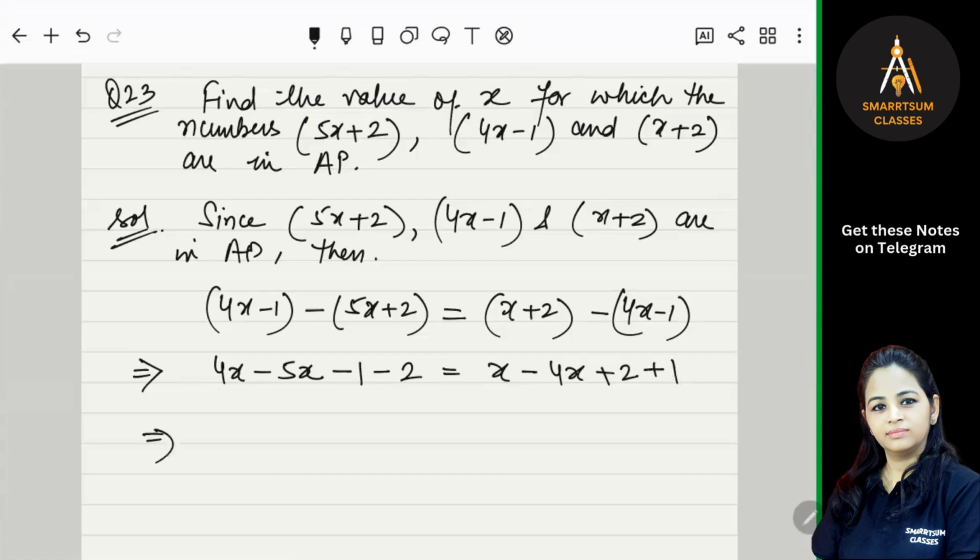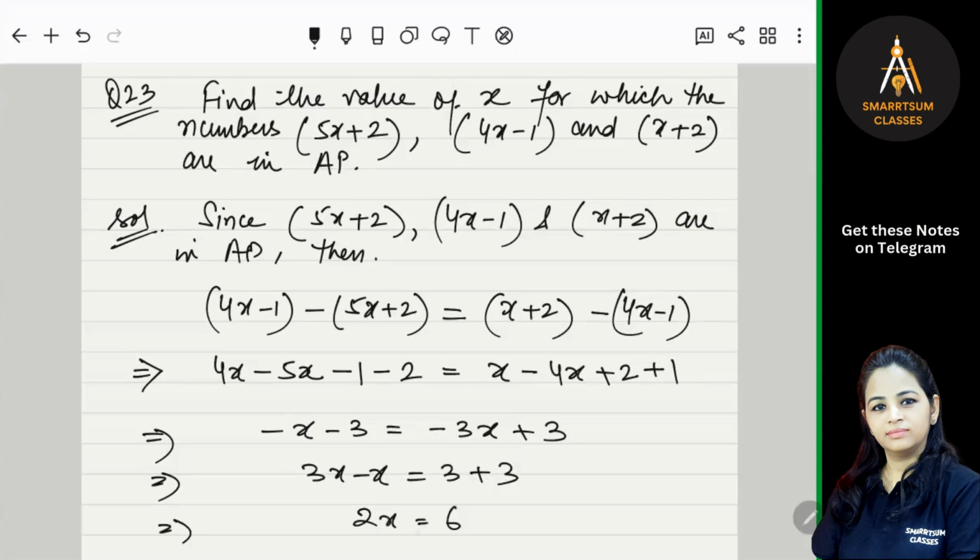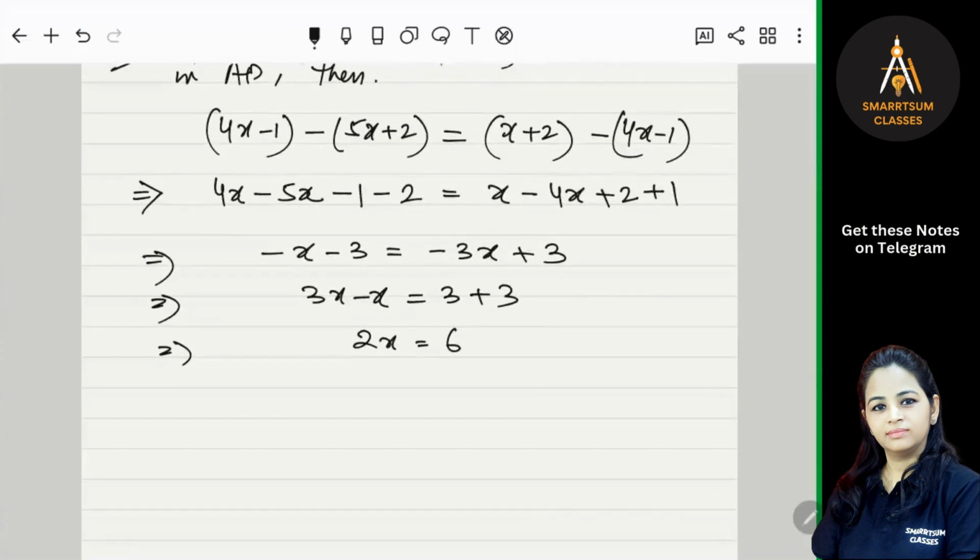So this is minus x minus 3 equals minus 3x plus 3. So this is 3x minus x equal to 3 plus 3. That is 2x is equal to 6. So x is equal to 3.